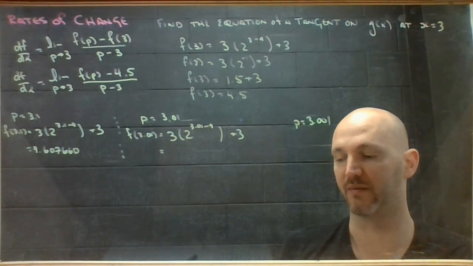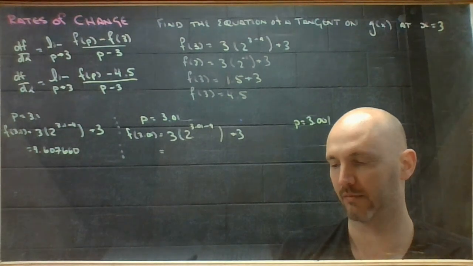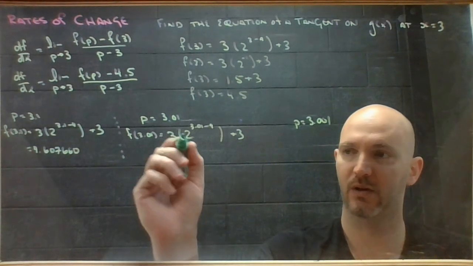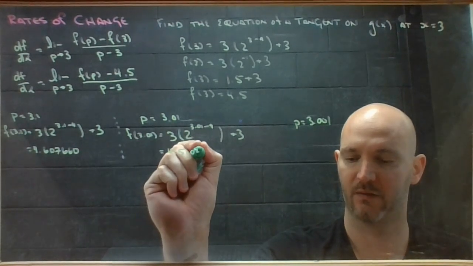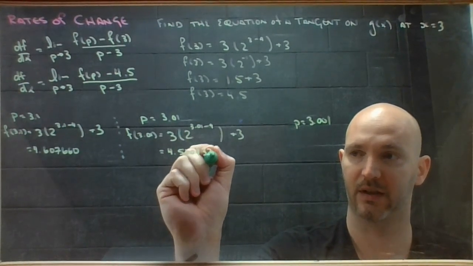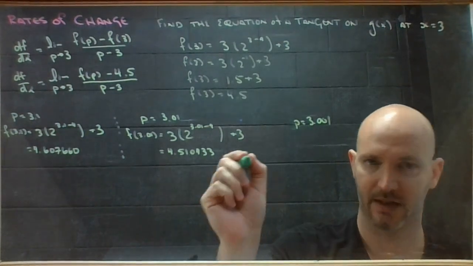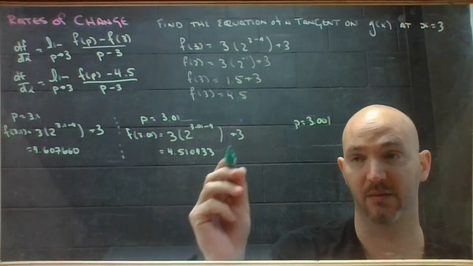Times 3 is 1.5104 plus 3 gives me 4.510433, dot, dot, dot, but 6 decimal places will probably do.